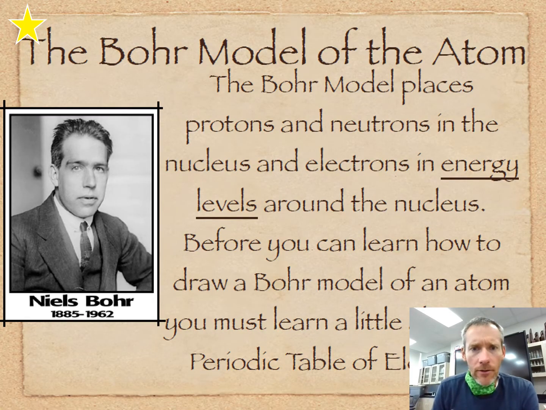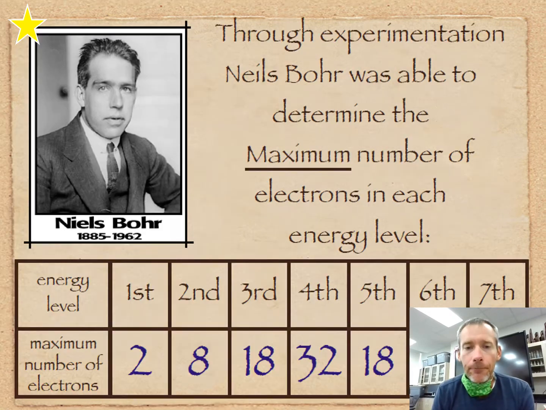The Bohr model is where we basically start, where he has the electron energy levels, and the energy levels get bigger, so the number of electrons will grow. We talked about how the Bohr model is made up in pre-ACE and a little bit last chapter.